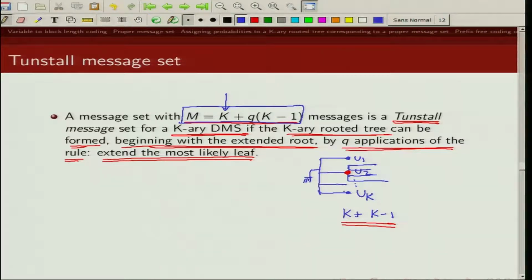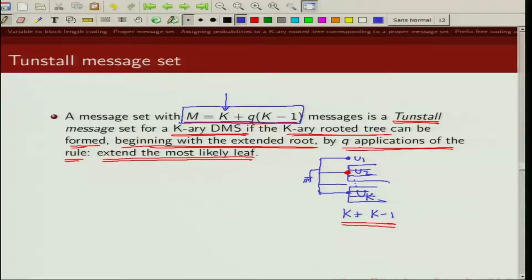Now again, if I extend any node, I will again be creating K new leaves, but one leaf which was earlier a leaf is now a node. So each time I am adding, except the first time when I extend from the root, I am adding K minus 1 leaves. So if I try to design a proper message set, remember a proper message set will use all its leaves.